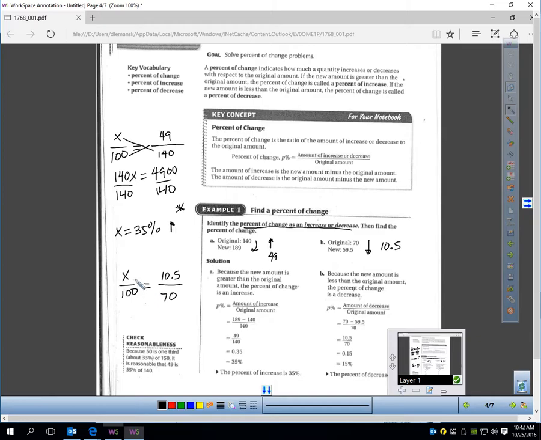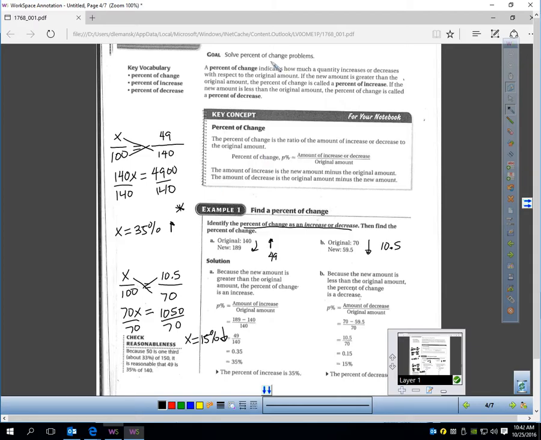So let's cross multiply. 70x equals 10.5 times 100, that'd be 1,050. When I divide each side by 70, 1,050 divided by 70, I'm getting 15%. There must have been a 15% decrease. I'll put an arrow down for that in this problem.